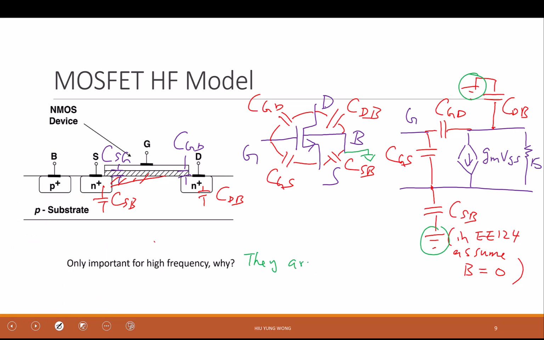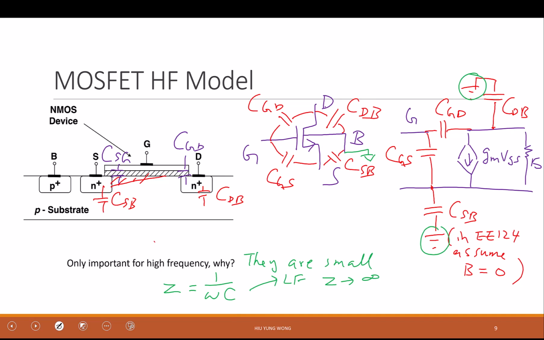But small, of course, is relative. Impedance equals what? 1 over omega C. So when they are small, if you have a low frequency, then this tends to infinity. You have a small omega, you also have a small C, then it becomes infinity. Then they are just open circuit, right?